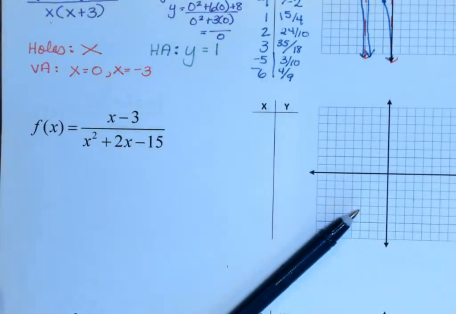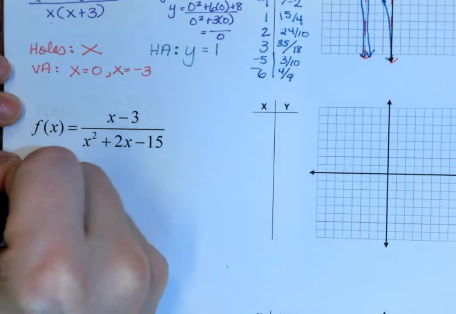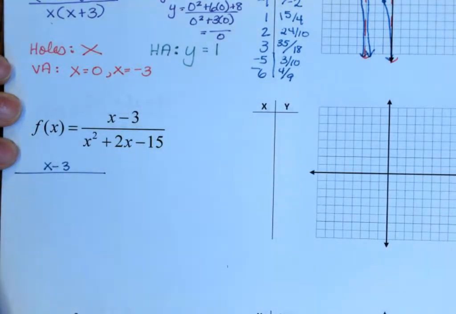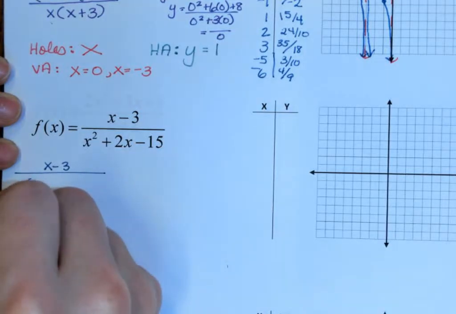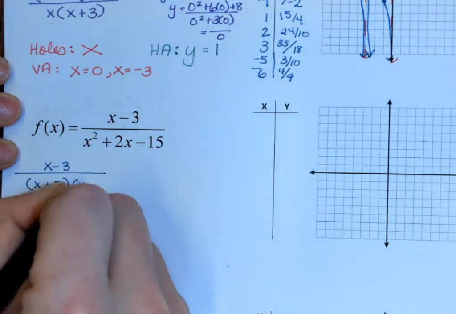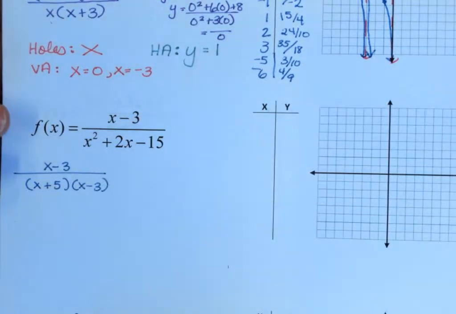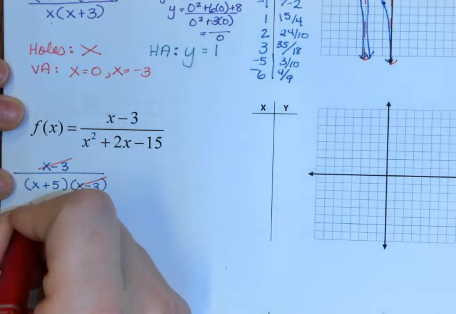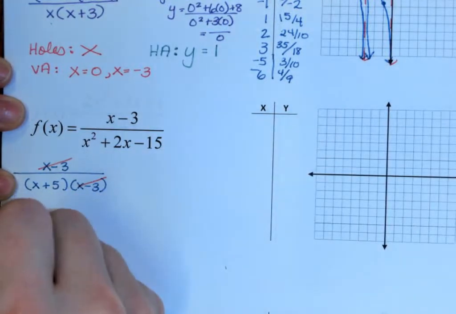What's my first step? Factor. So the x minus 3 is not going to factor. How does the denominator factor if it does? X plus 5 and minus 3. Beautiful. So what's going to happen with this? Cancels out. And when it cancels out, what does that become? A hole.